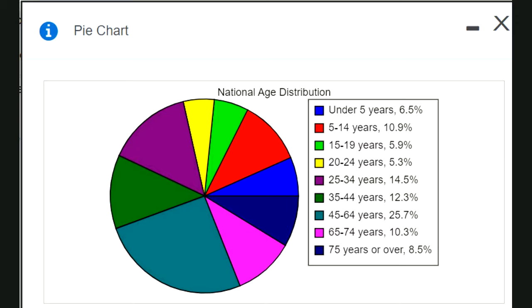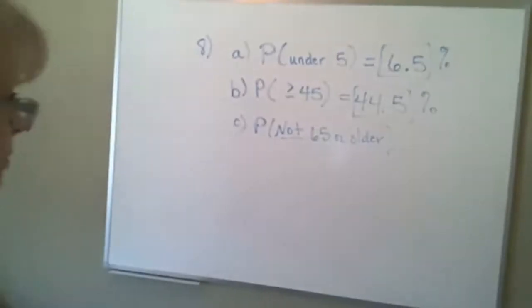The C part says randomly selecting someone who is not 65 years old or over. Probability that they're not 65 or older. Not. That means we're looking for the complement. So I want to show this to you.